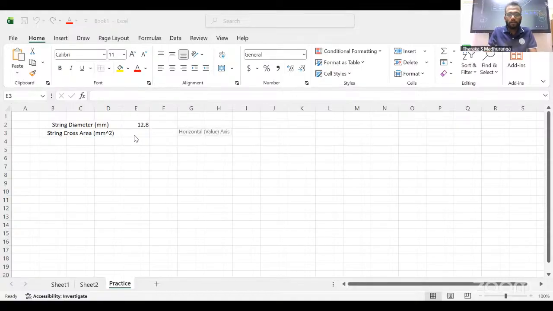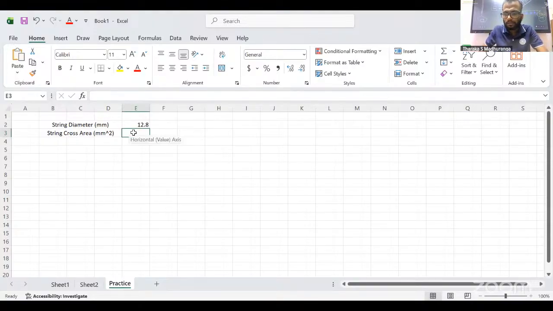Okay, sorry. How to type the function? First, any function we have to start with an equal mark, right?